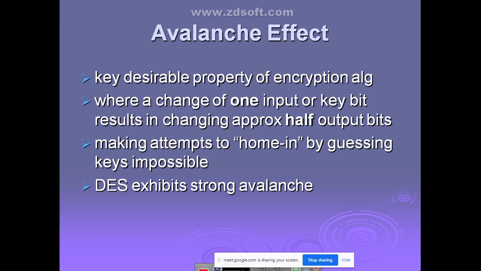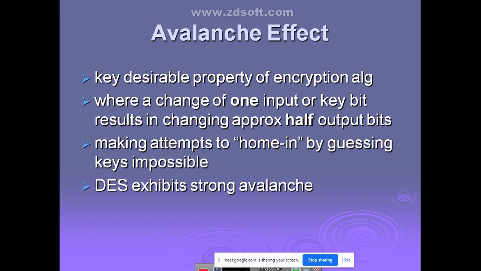So the DES algorithm we have studied is going to exhibit a strong avalanche effect. That means a single change within the plain text is going to affect many bits within the cipher text, because it considers so many substitution and permutation operations.